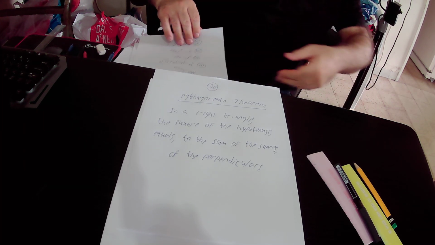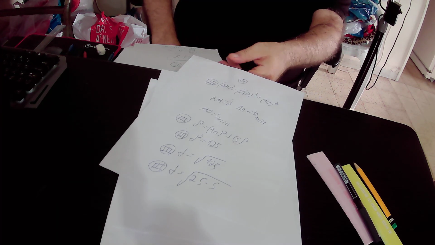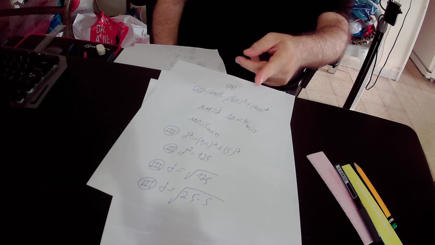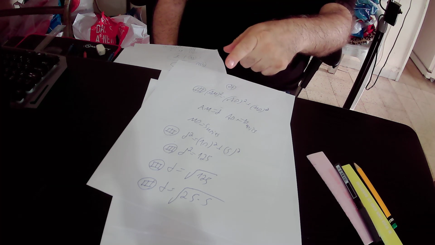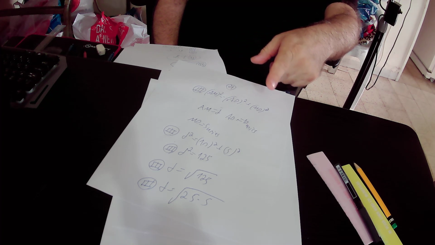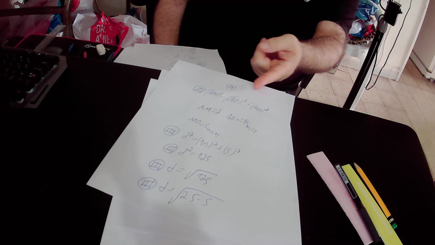We know that AM equals D, AD equals 10 units, and MD equals 5 units, so we can put the data in equation number 3.